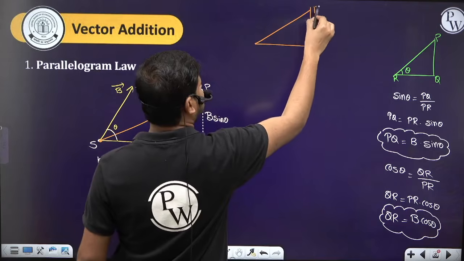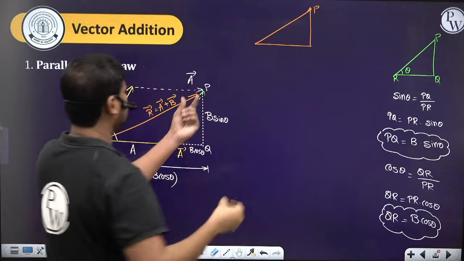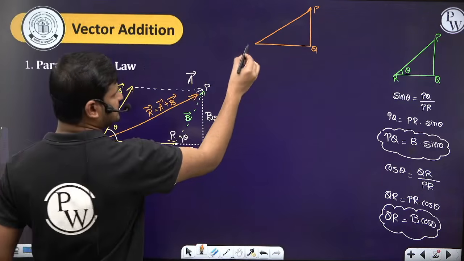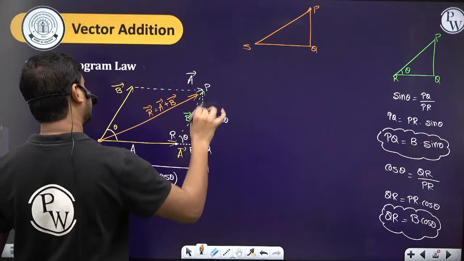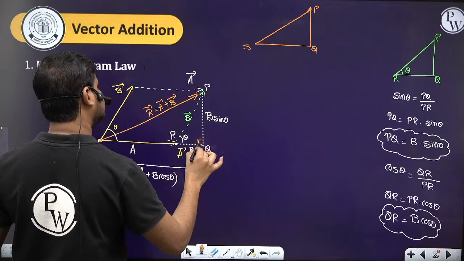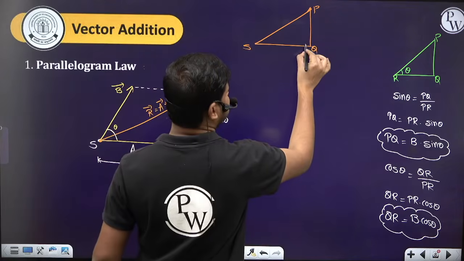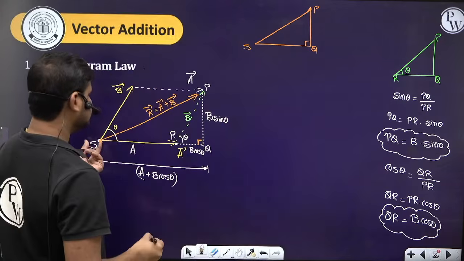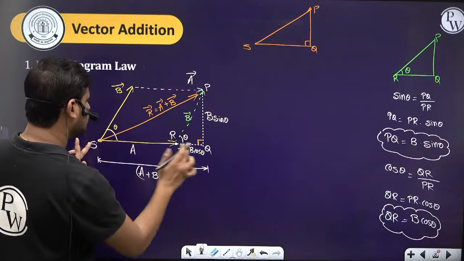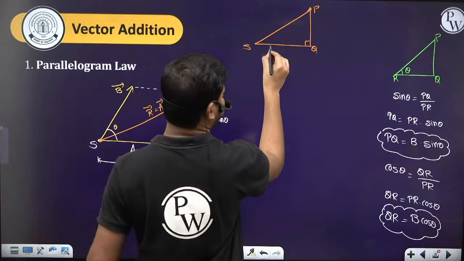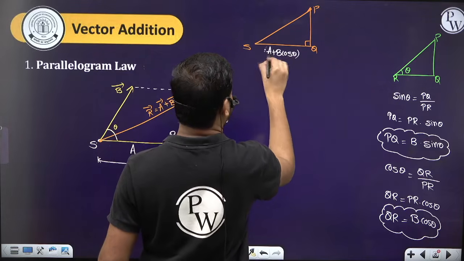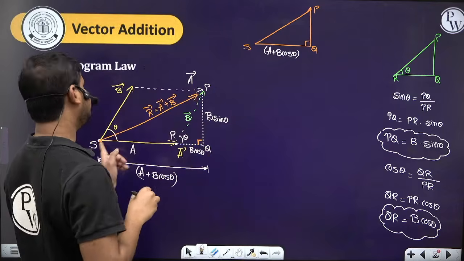So this is P, and this is Q, and this point is S. From here to here, this whole thing I am taking. This is a perpendicular, so this angle is 90 degrees. Now from S to Q, the total distance is A plus B cos theta, right? And what is SP?